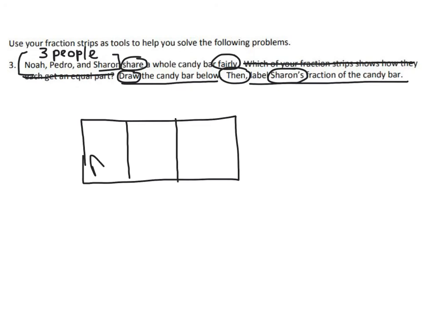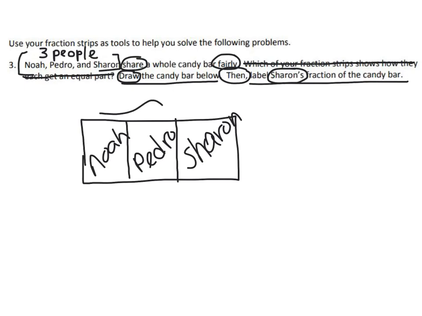So here's Noah, here's Pedro, and here's Sharon. And they want me to label Sharon's fraction of the candy bar. Well, this represents 3 people.